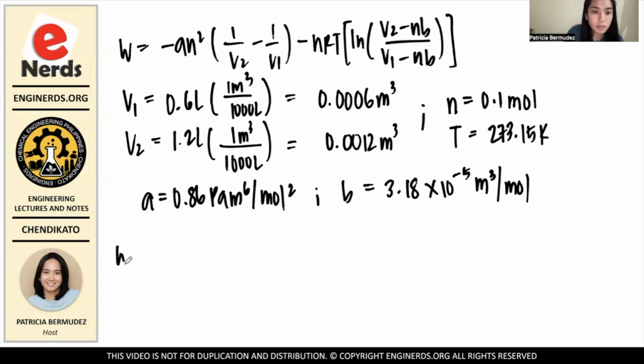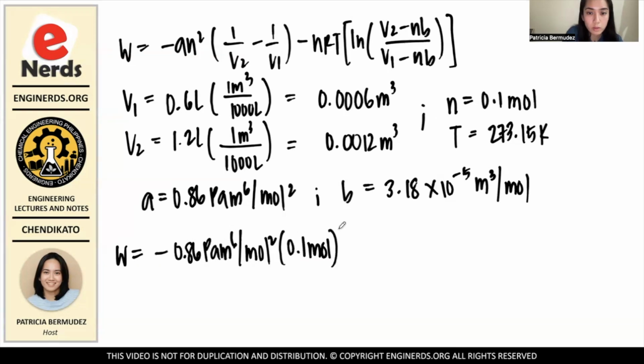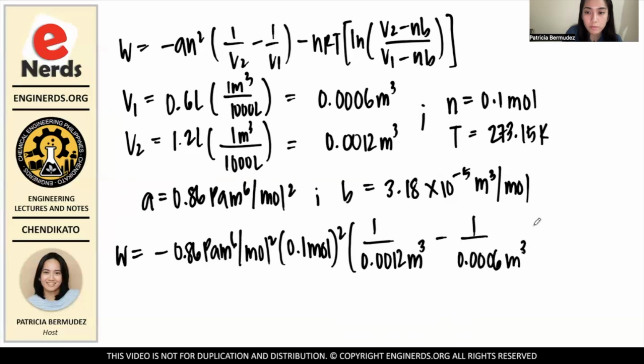So, our work is equal to negative 0.86 Pascal meter raised to 6 divided by mole squared, and then our N, which is 0.1 mole, and we square that. And then, 1 over V2 is 0.0012 meter cube minus 0.0006 meter cube.